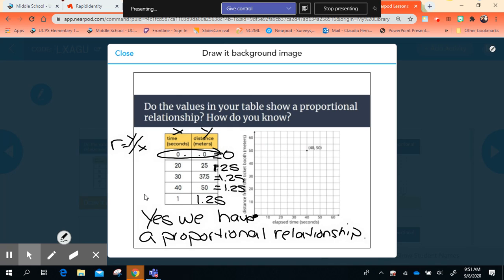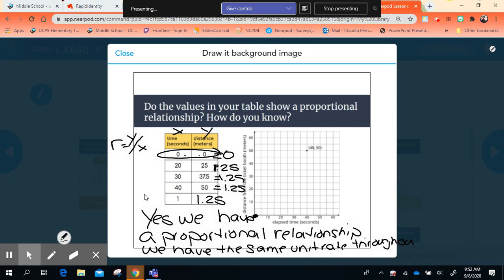So yes, we have a proportional relationship. We have the same unit rate throughout the table, and I wish it would let me write that all down, but you can't see it throughout the table.